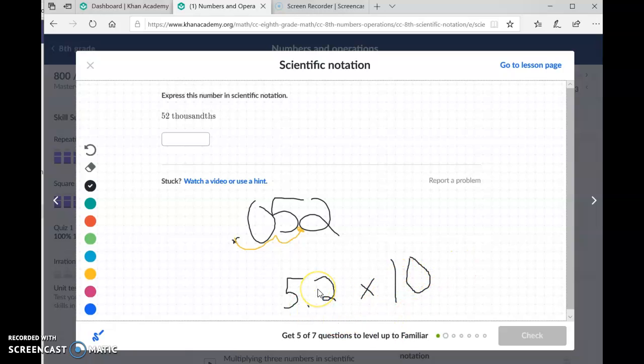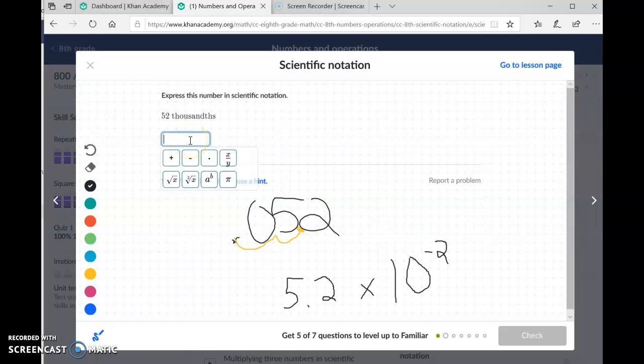So my exponent would be negative, and it would be -2. And why is it -2? Because I just got to think logically here. If this is -2, then what is this answer going to be? It means that I'm going to move this decimal over 2 spaces. Okay, and then that would give me this number that I started with, 52 thousandths, so 0.052.